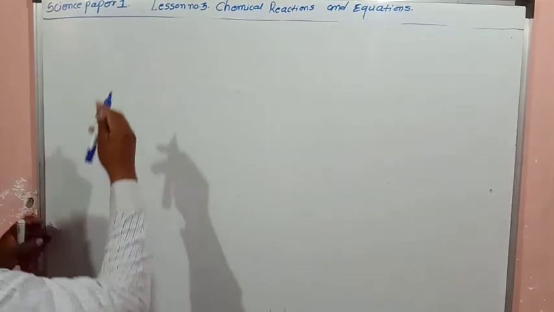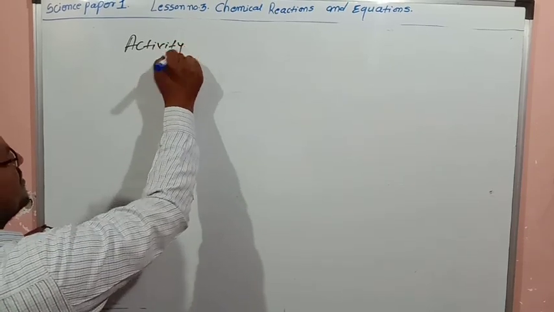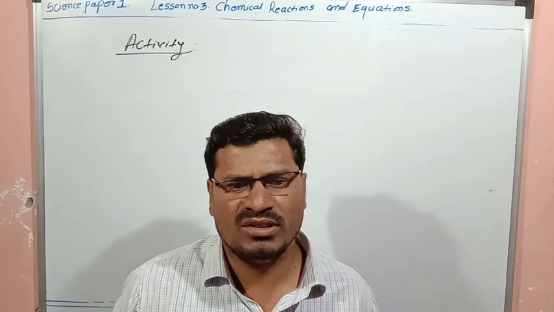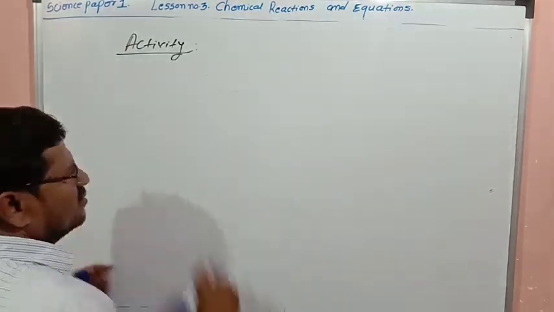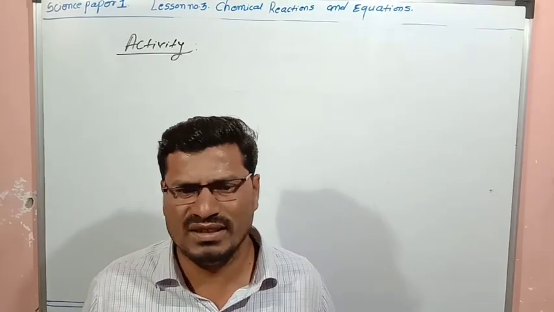One activity is given in the textbook. In that activity, you have to take some chemicals and carry out a reaction. You will take silver nitrate and NaCl salt.